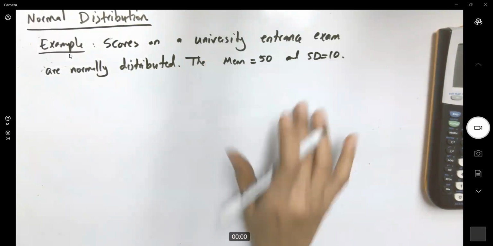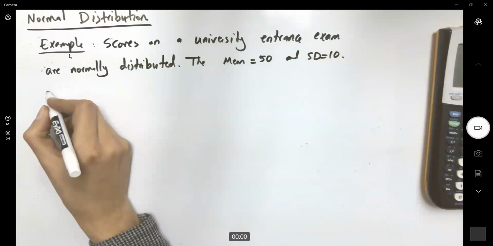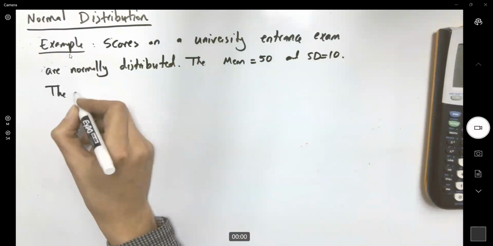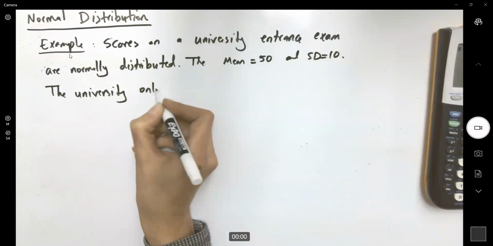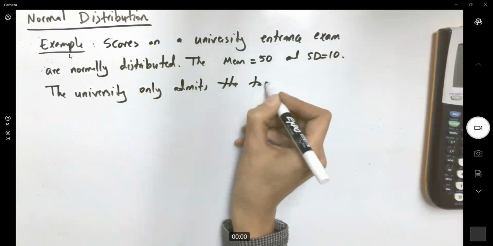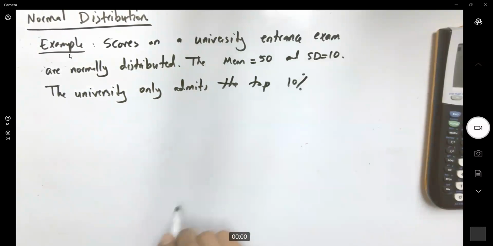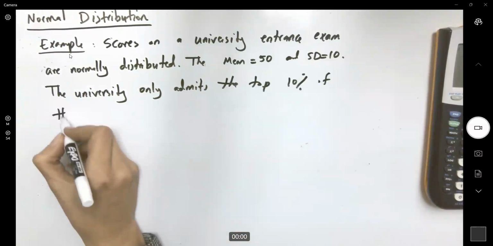So we have these two pieces of information here. Well, you know that the university only admits the top 10% of the applicants.